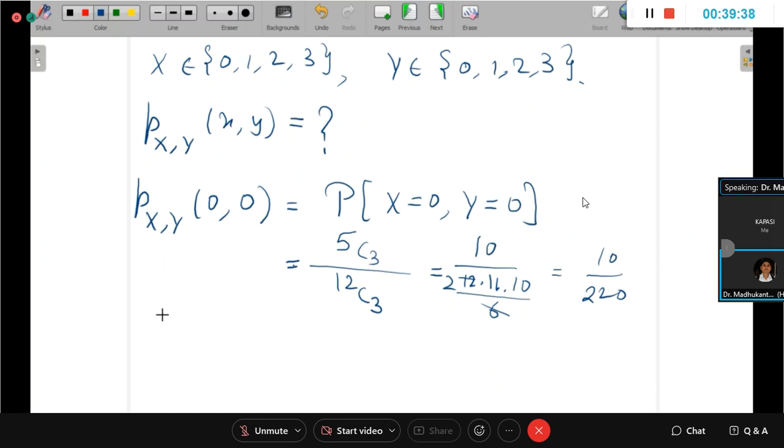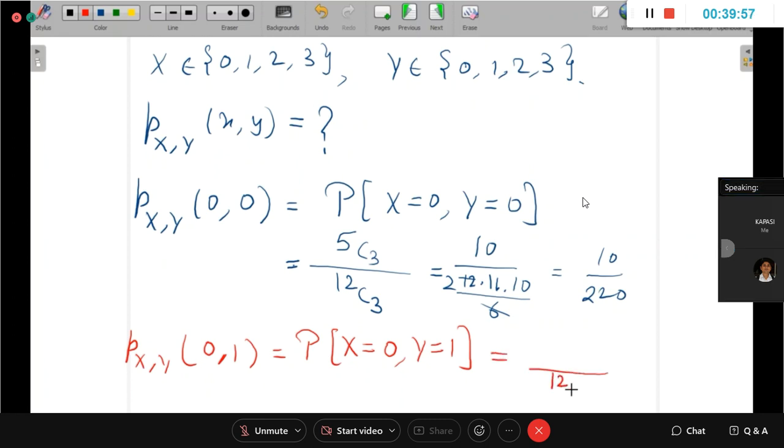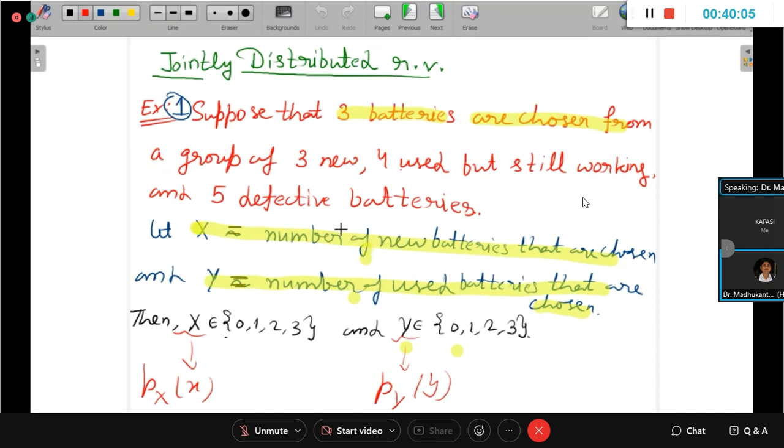I'm not simplifying it. Now, if you look at the next, let me say p(x, y) of 0, 1. So the definition is probability x equals 0 and y equals 1. The total number of possible exhaustive cases is 12C3. No new batteries, so from here none of them is coming.